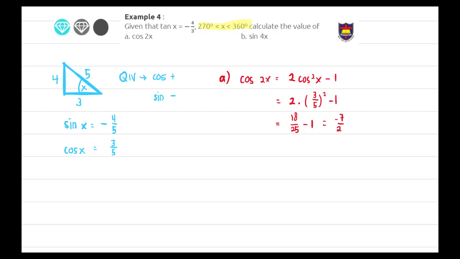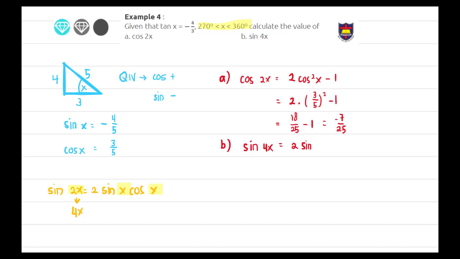Next, we will solve the b part for sine 4x. Here we have the formula of sine 2x, which is 2 sine x cos x. So now, when you have 4x, it means you change this to 4x, then these two terms will be half of it, right?